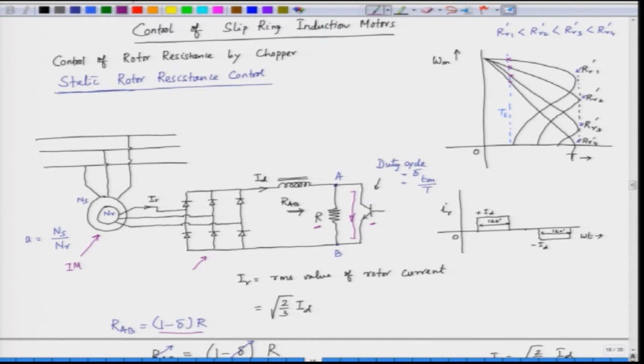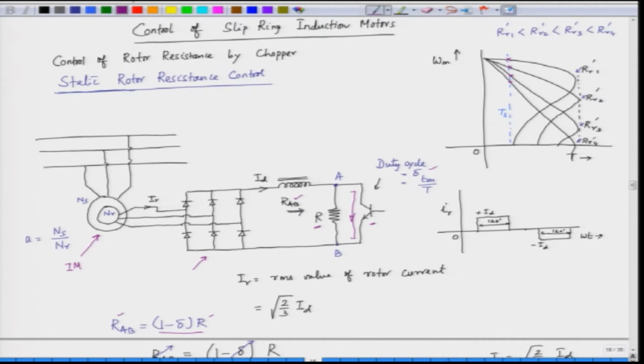What we saw is that the resistance seen from the AB terminal, RAB, is given as (1 minus delta) into R. Now, this delta is the duty cycle of the chopper switch that is connected here.